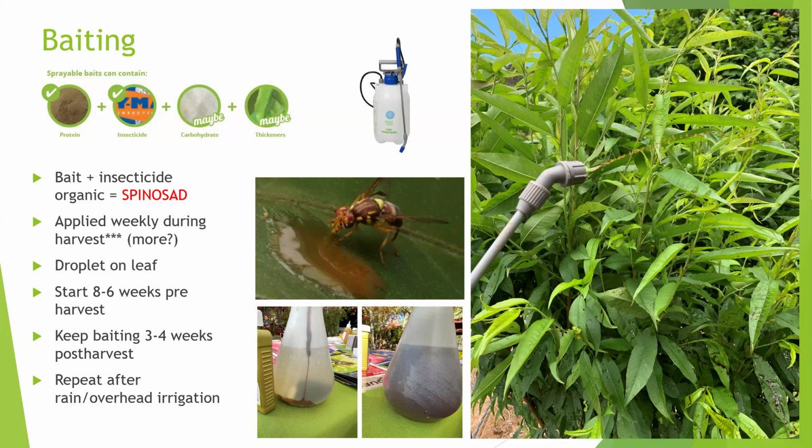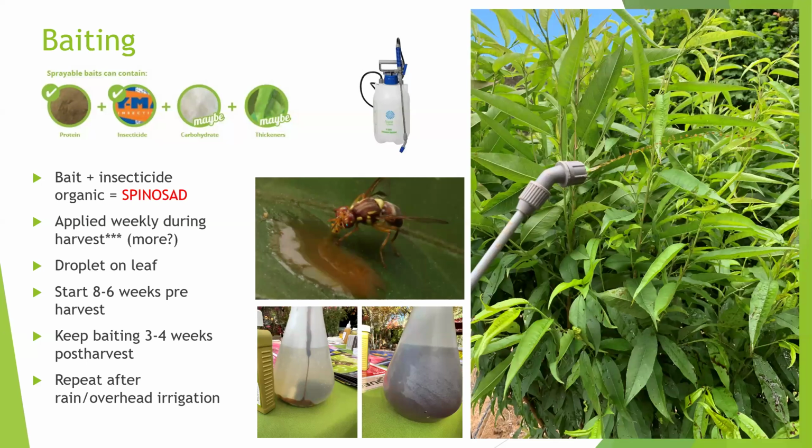A bit like that mating disruption technique, fruit fly baiting is best done area wide. So if you've got a standard backyard that's 10 meters by 10 meters, you could put all the bait in the world out. There's still going to be some fruit flies coming from your neighbour's place.